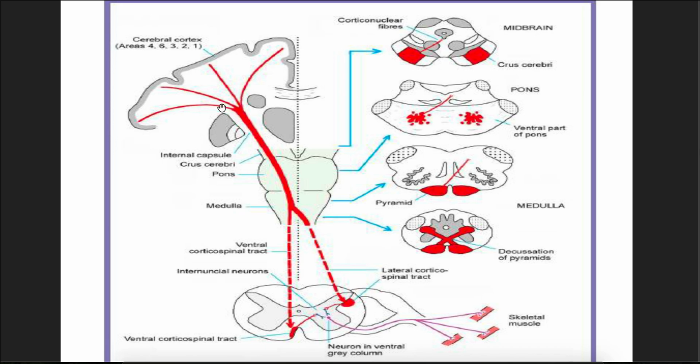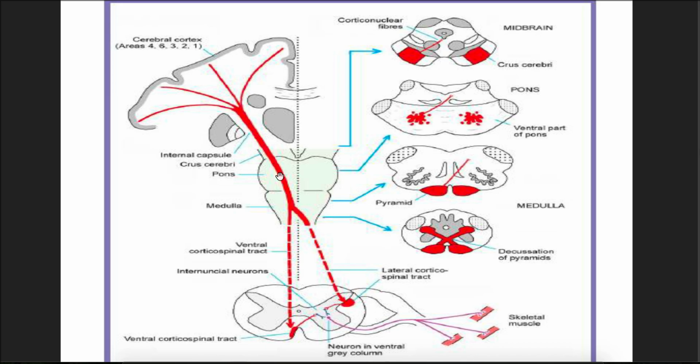Now I'm just going to go back and show you this. These are the fibers of the corticospinal tract coming from different parts of the cerebral cortex. Then they become the corona radiata and enter the internal capsule. Then from the internal capsule through the midbrain. Here the area of the midbrain is called the basis pedunculi, where the corticospinal tract travels.